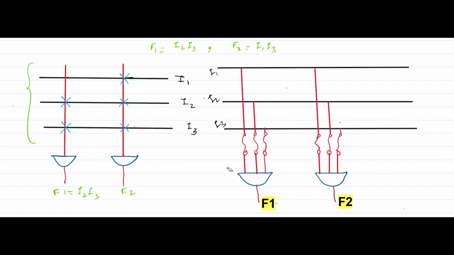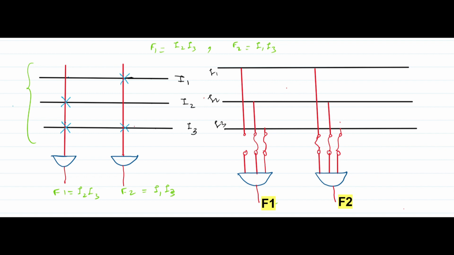Similarly, f2 is I1 I3. So for I1 I3, what should I remove? I should remove this I2, right? So here I am removing I2. Now what is my f2? My f2 is nothing but I1 I3, right?